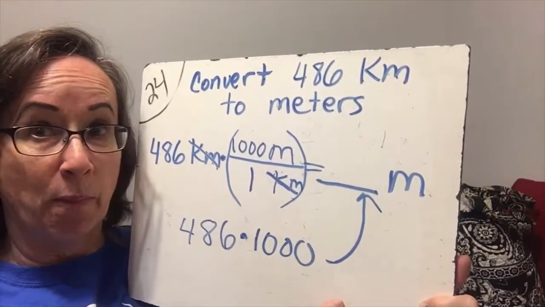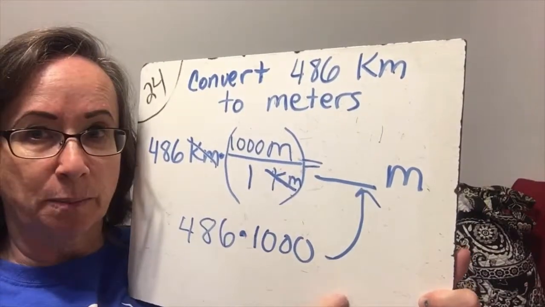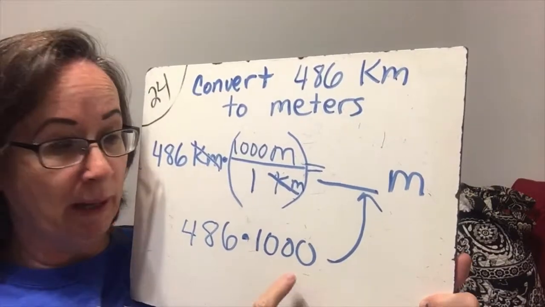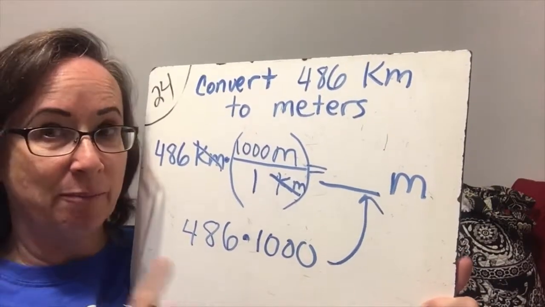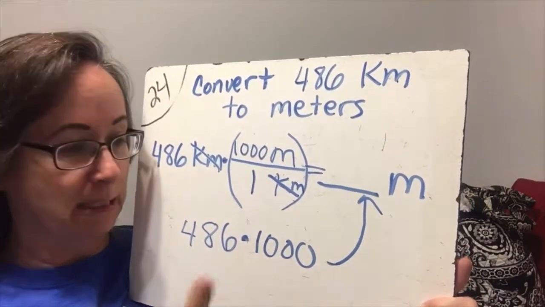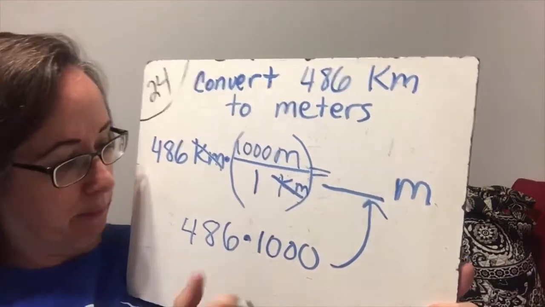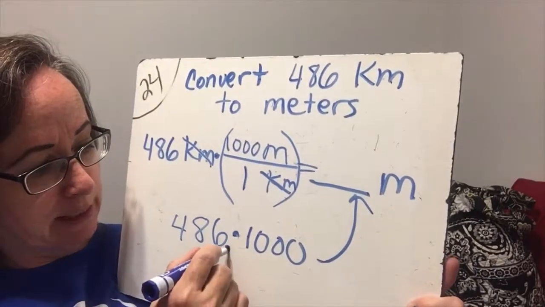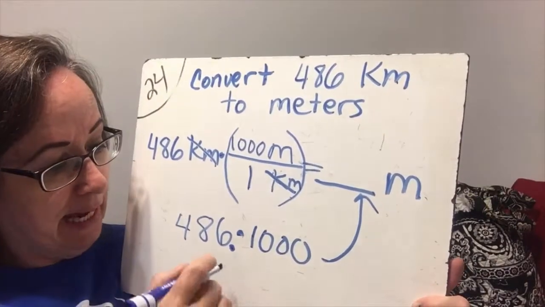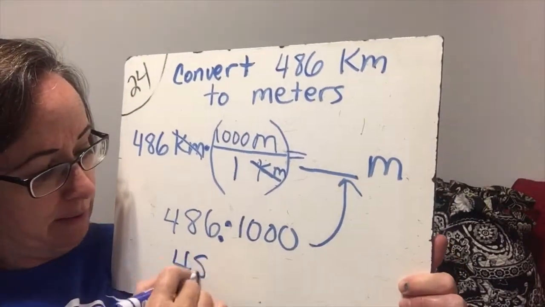Now remember, when I multiply by a power of 10, I move the 0 or the decimal to the right. Okay, so I'm going to move the decimal to the right 3 places. So here's my decimal. Okay, and I'll write the number down again.